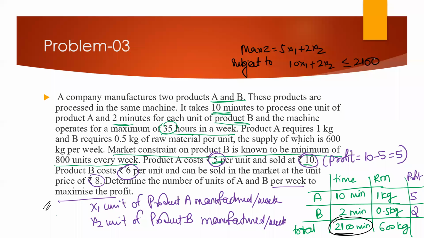Then raw material: you can't use more than 600 kg. So x1 plus 0.5x2 is less than or equal to 600 kg. And then it is given that you have to manufacture minimum 800 units of x2. And then finally you can write x1, x2 should be greater than or equal to 0. Non-negativity restriction.